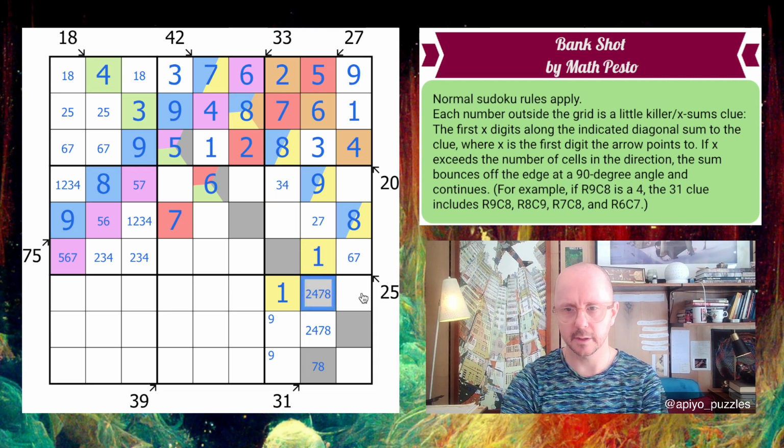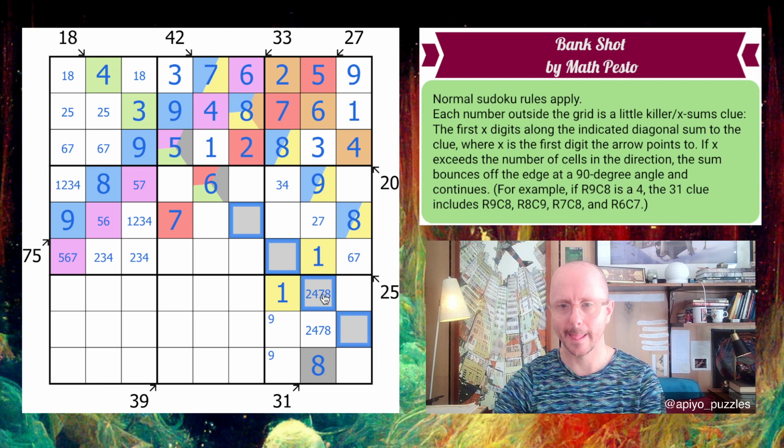So I can see this in my mind, but if this was an 8, then to minimize, we'd have 8 plus 3, 5, and 6. So that's 22, and we'd need these to add up to 9. Now, as it stands, we can't put 2's in either of those.